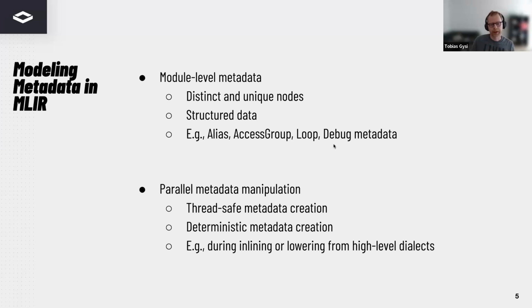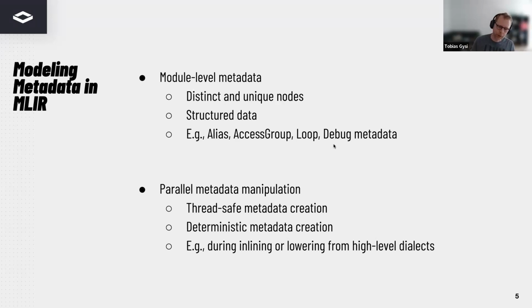And one thing that is special in MLIR is that we have parallelism. That means if we have a function pass, we want to be able to manipulate metadata in parallel. And we would like to avoid that we have to do everything sequentially. So we sort of want that the metadata creation is thread safe, and it should also be deterministic in the sense that when we run the compiler multiple times, we always get the same result.